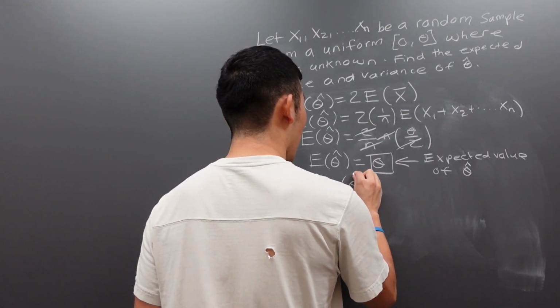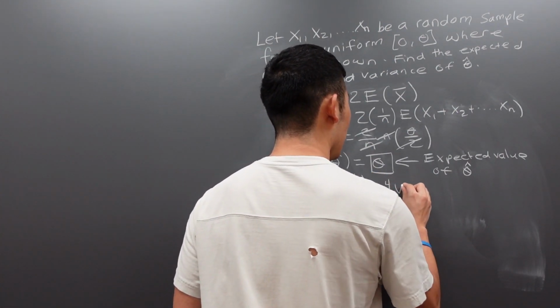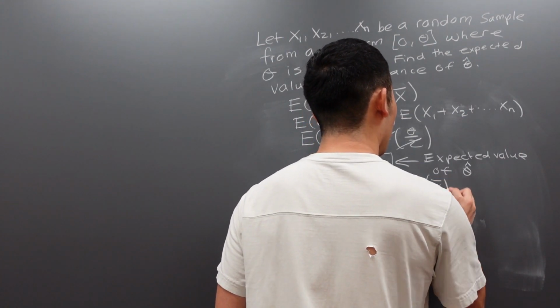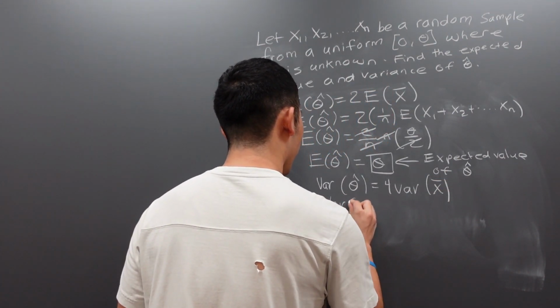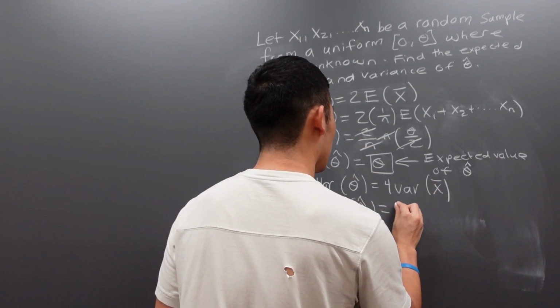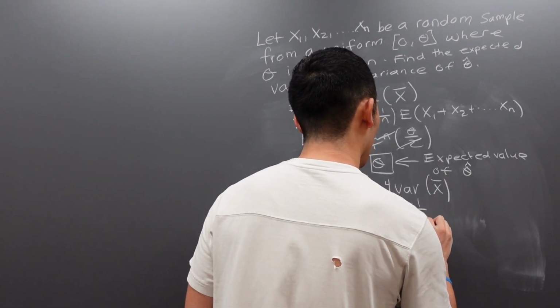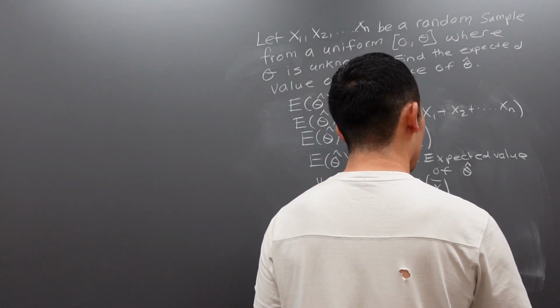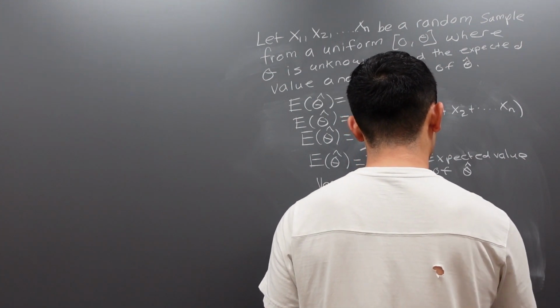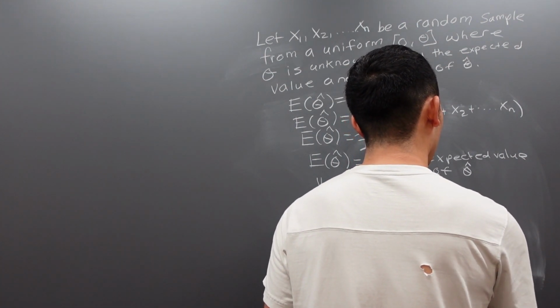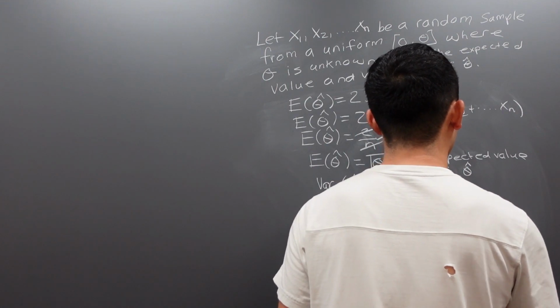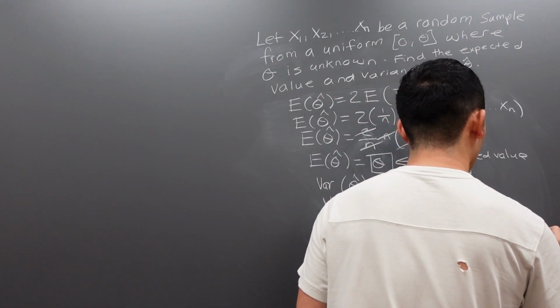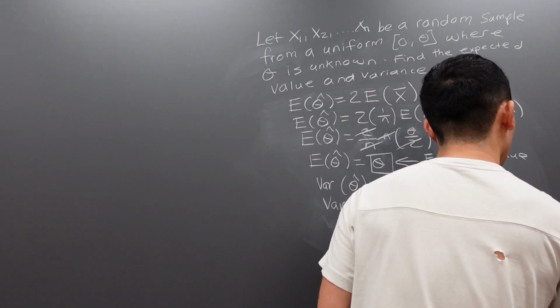The variance of theta hat is equal to 4 times the variance of X bar. So the variance of X bar is equal to 1 over n squared. Now we have the variance of X1 plus X2 plus all the way to Xn.